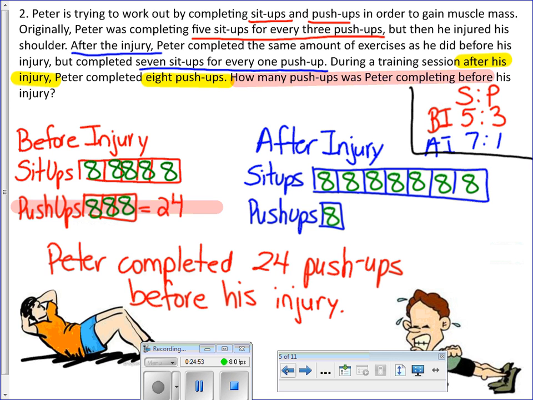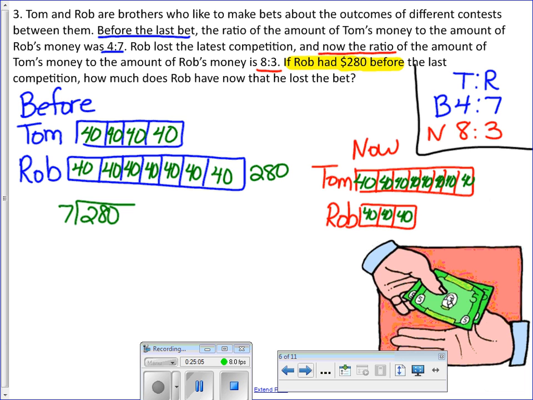In this one, it told us here, he completed the same amount of exercises right here, so we knew they were equivalent ratios. Okay, so that's why.